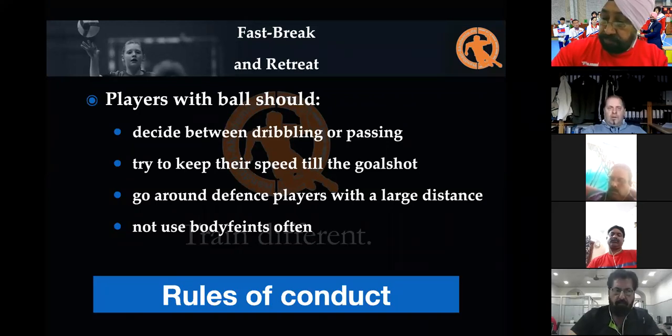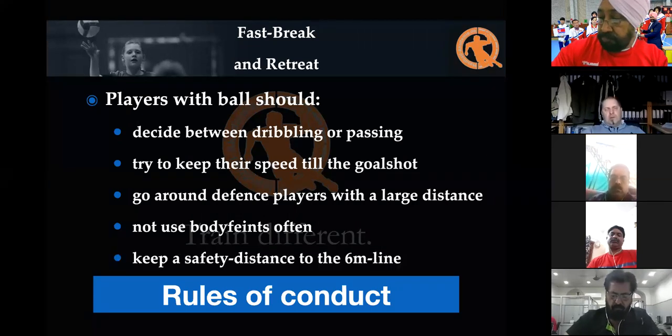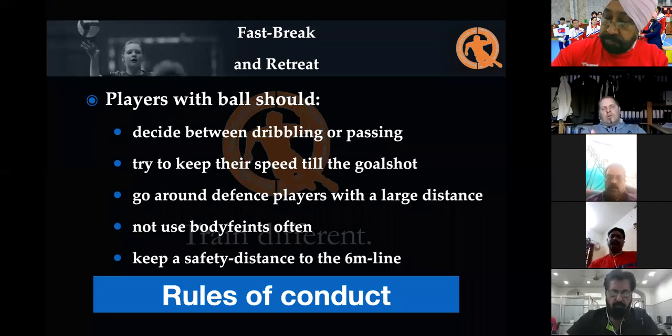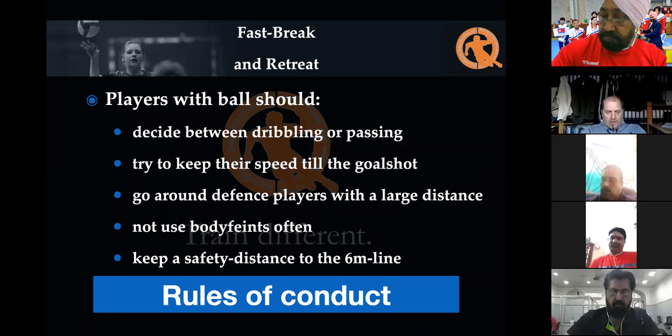And the final point for this here is keep a safety distance to the 6-meter line. Go too close to the goal area line, and then as a surprise, you have to take care not to touch that line. So, after coming up and observing the goal, you will see a wall in front of you, and the name of the wall is the goalkeeper, and then it's not possible to shoot around him.